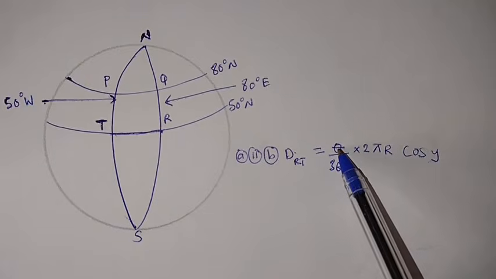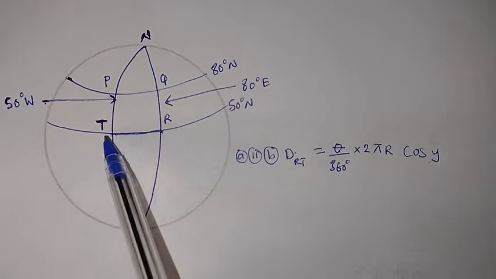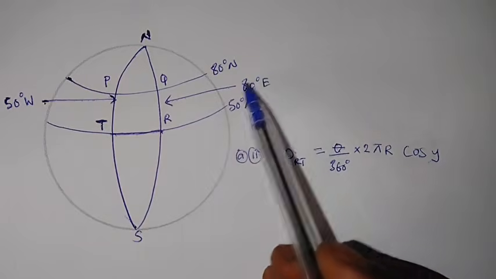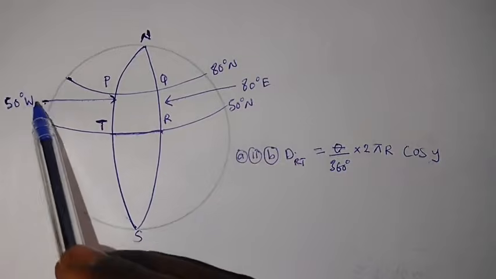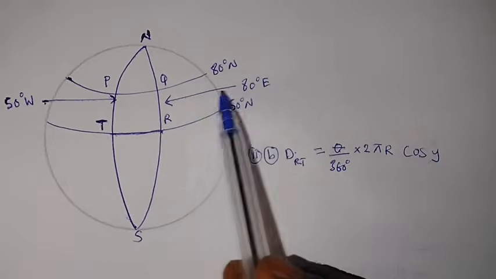So this theta is the difference in longitudes between point R and T. Which ones are the longitudes? R is lying on this longitude, 80 degrees east. T is lying on this longitude, 50 degrees west. So we need to find the difference between these two longitudes.